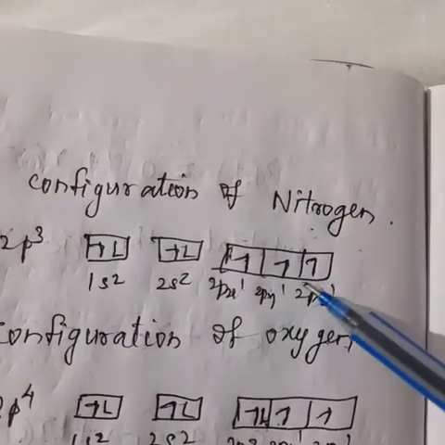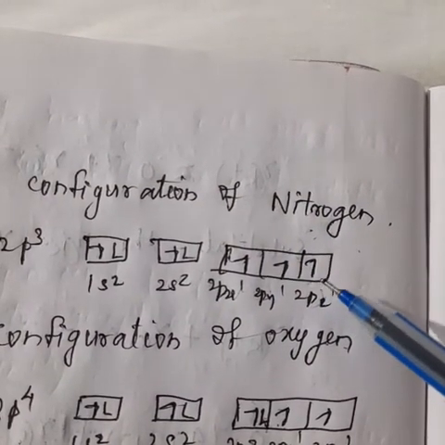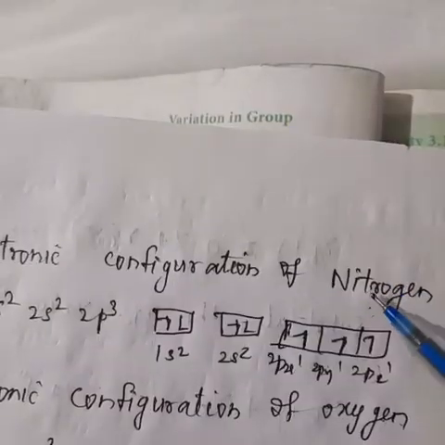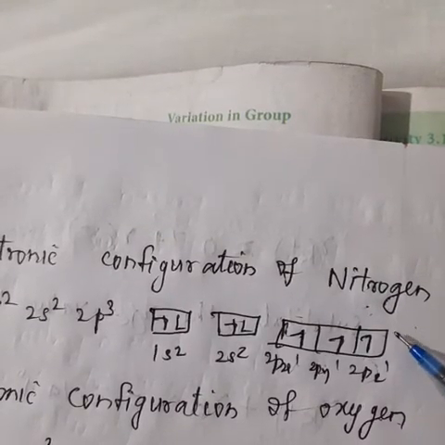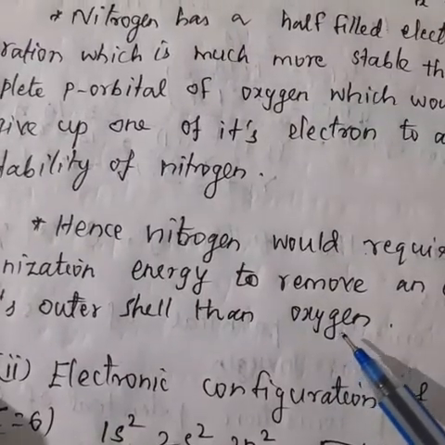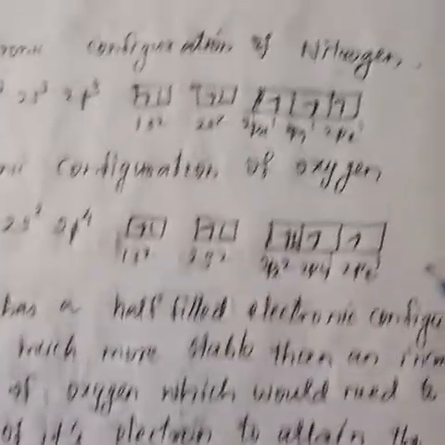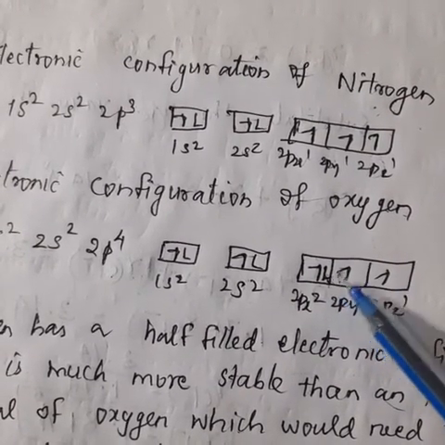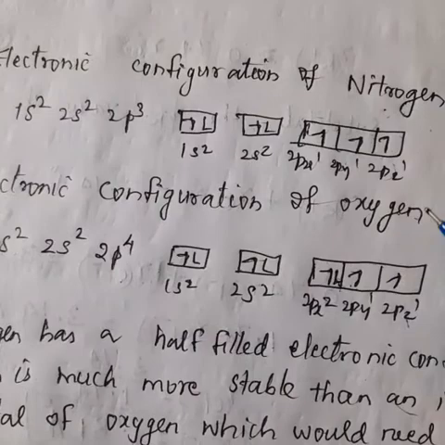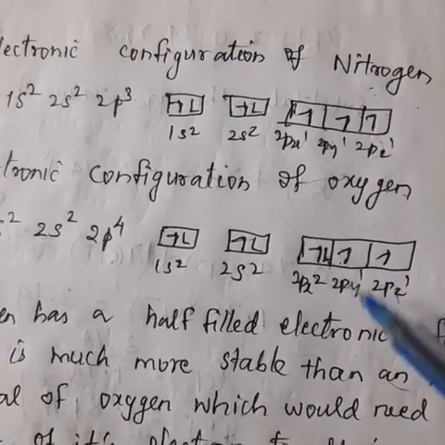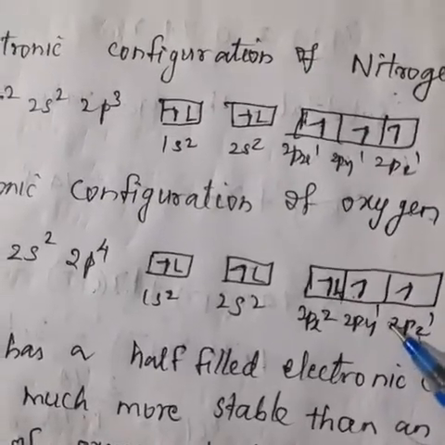Nitrogen has a half-filled configuration, so if we want to remove one electron from the outermost orbit, we must give more energy. But in oxygen, we can easily remove this electron. So the ionization energy of nitrogen is greater than that of the oxygen atom. This is the first question.